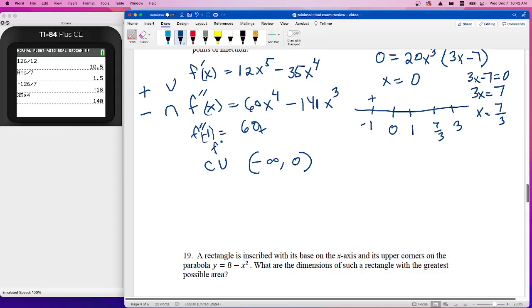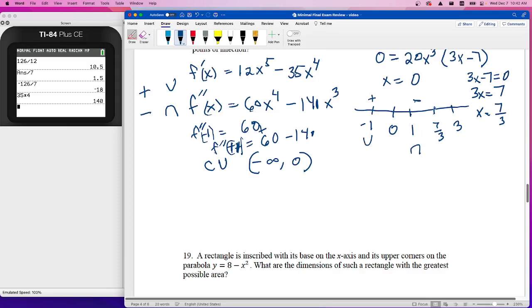So the second derivative at +1. Let's just emphasize the +1. We're going to get 60 here, and we're going to get -140 here. And so it's going to be negative, and you have to check all these points, but it's all going to be negative. So that's going to be concave down. So this is up, this is down.